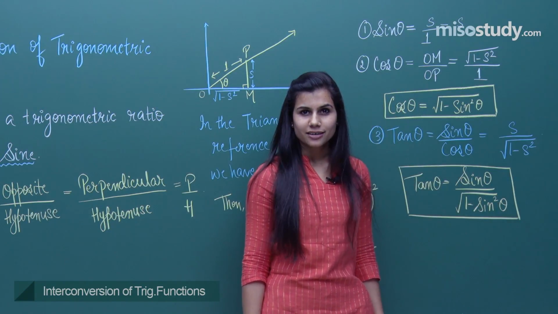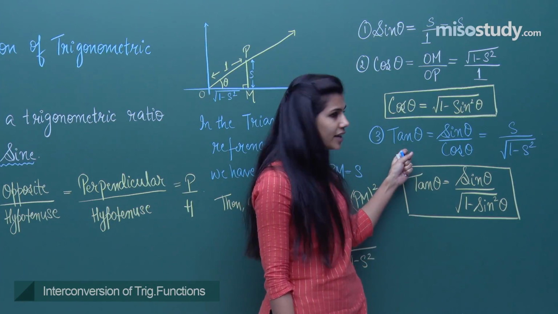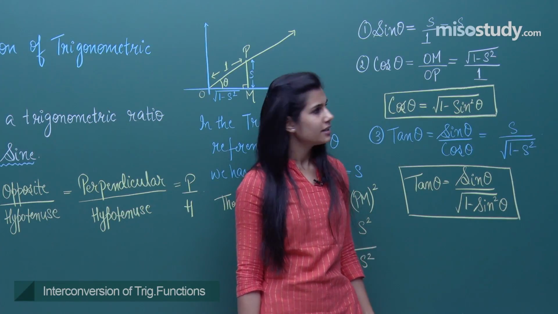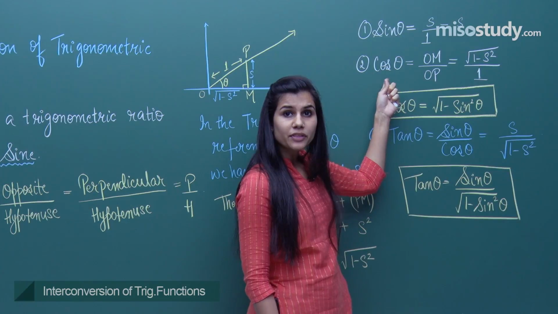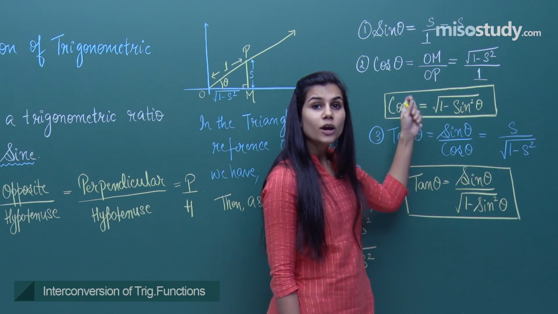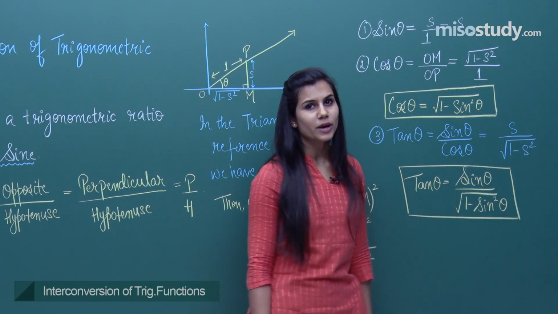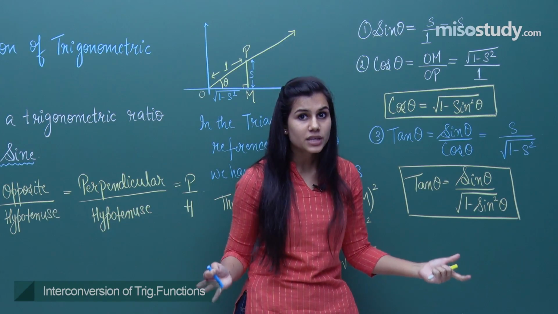Isn't this magical? Well, you would be curious as to how we will convert cot or sec or cosec in terms of sine. That's something very simple. Why? Because sec is nothing but the reciprocal of cos, and that is why sec of theta will be 1 upon cos theta, which is 1 upon under root 1 minus sine square theta. Again, sec is expressed in terms of sine.